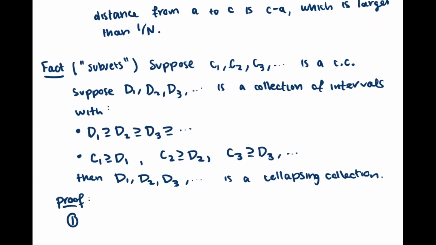Why is the first condition about collapsing collections satisfied? It just says so. We assumed that the D's already satisfied this.